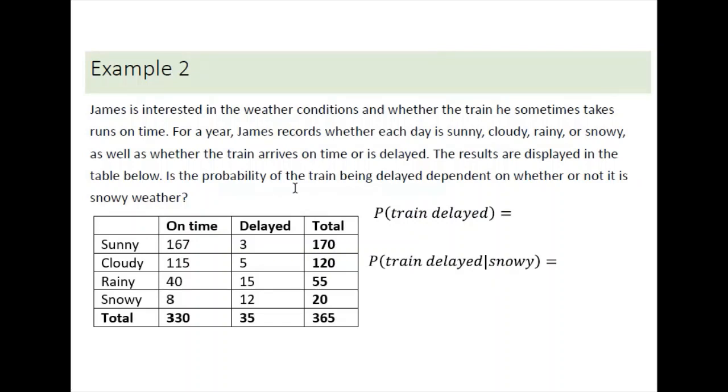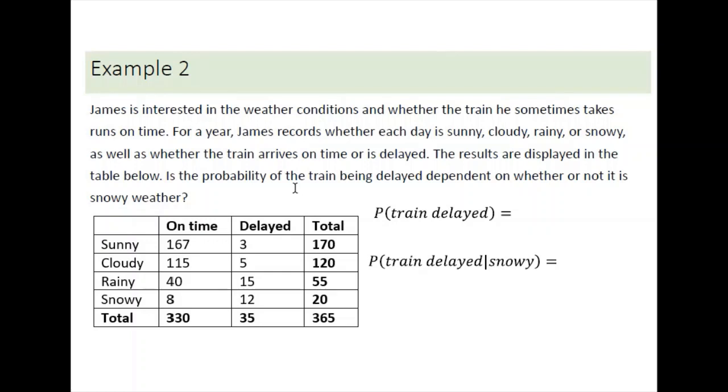Now this example: James is interested in the weather conditions and whether the train he sometimes takes runs on time. For a year, James records whether each day is sunny, cloudy, rainy, or snowy, as well as whether the train arrives on time or is delayed. The results are displayed in the table below.